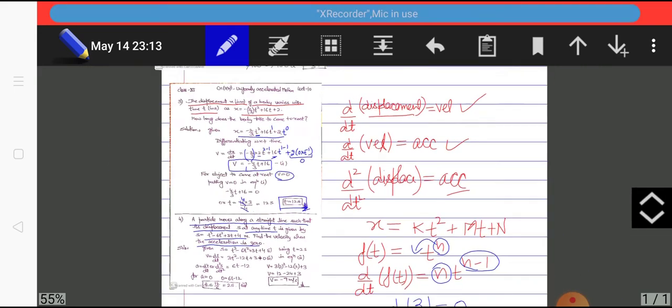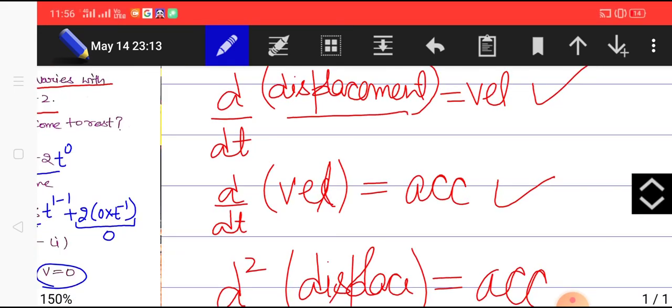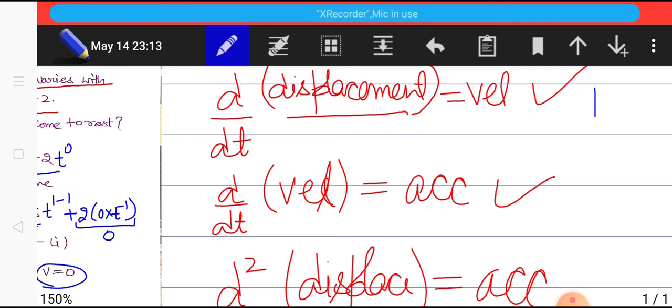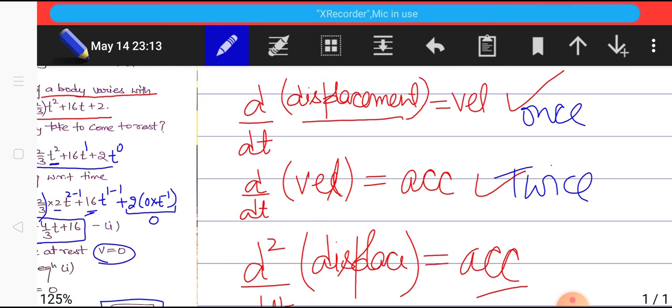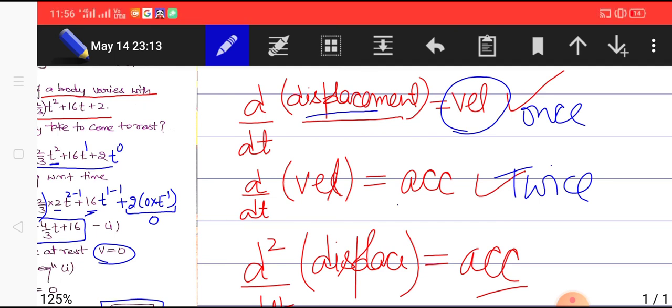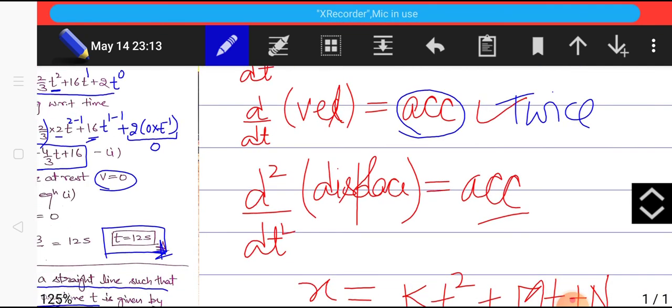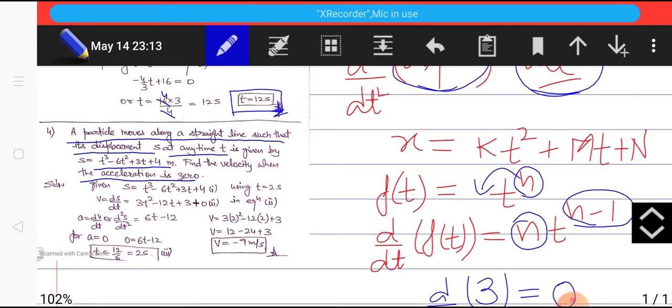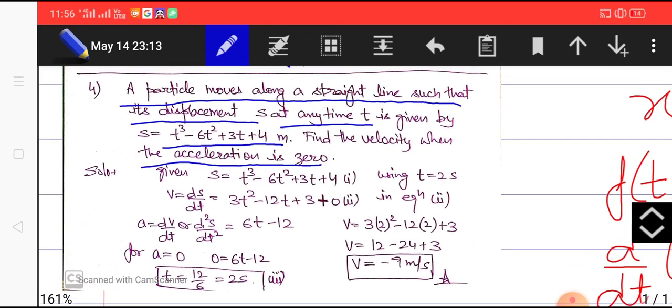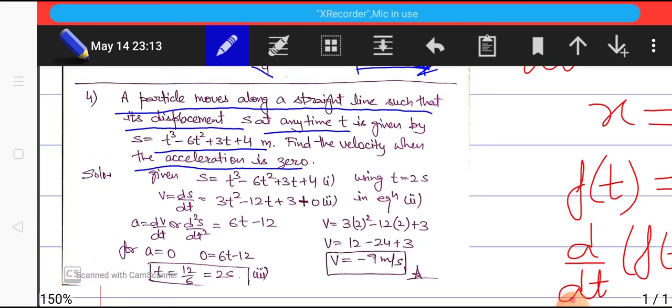Once we differentiate the displacement we get the velocity, and if we differentiate velocity once more we get the acceleration, or even if we differentiate displacement twice we get the acceleration. So in this numerical it is given that when acceleration is 0, we have to calculate the velocity.